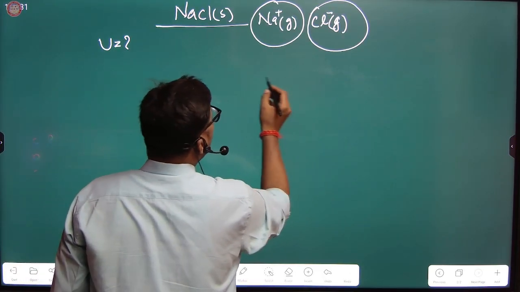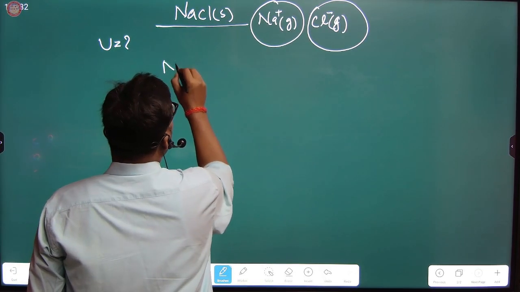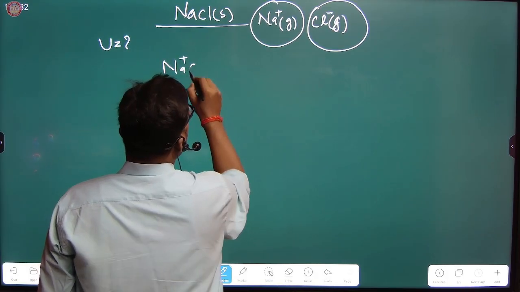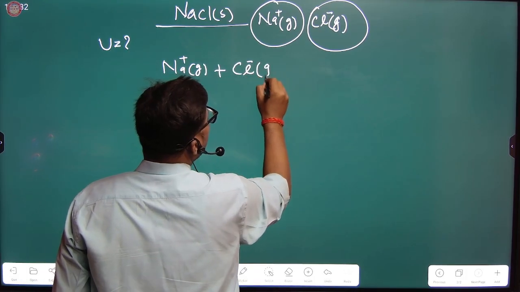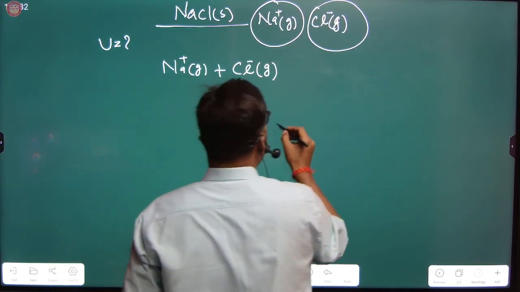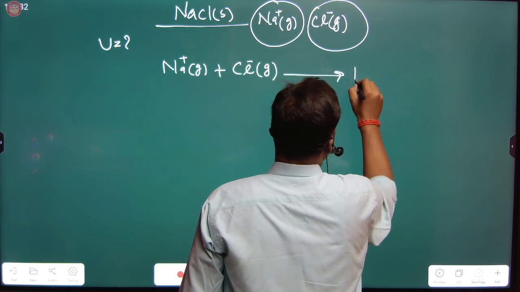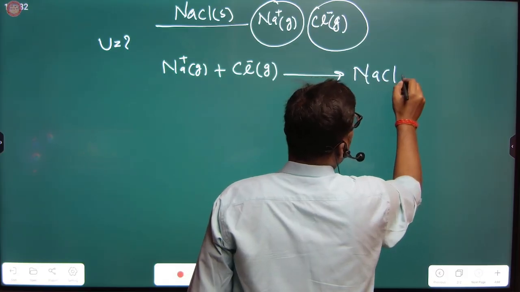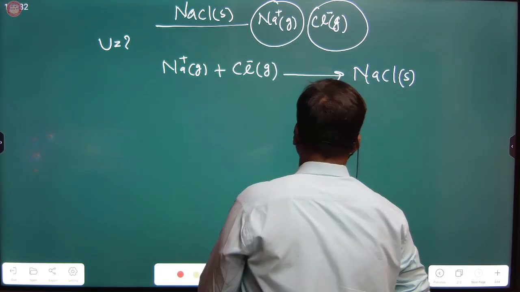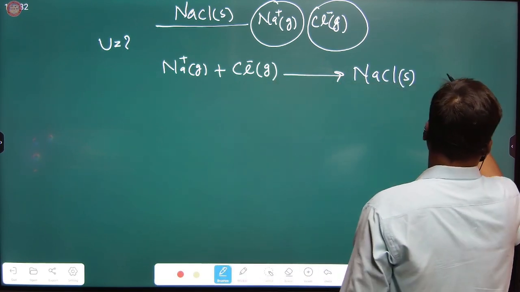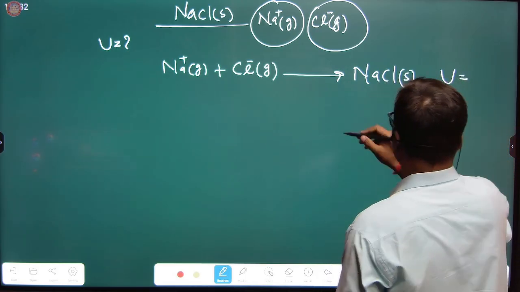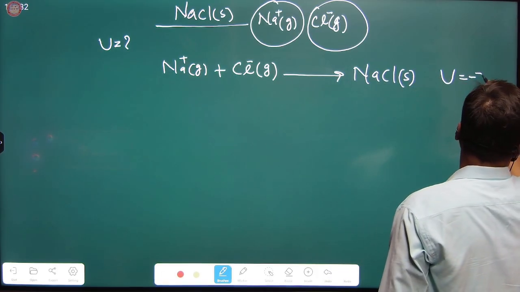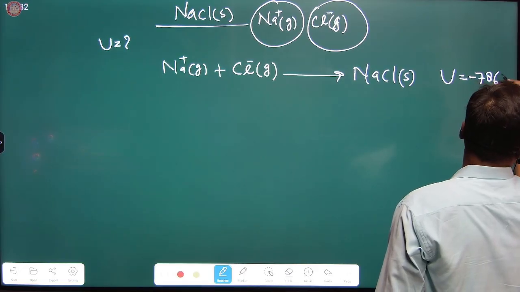So let us consider Na plus in the gaseous state plus Cl minus in the gaseous state. It forms NaCl in the solid state. The lattice energy U is a negative quantity; in the case of sodium chloride, it is minus 786 kilojoule per mole.